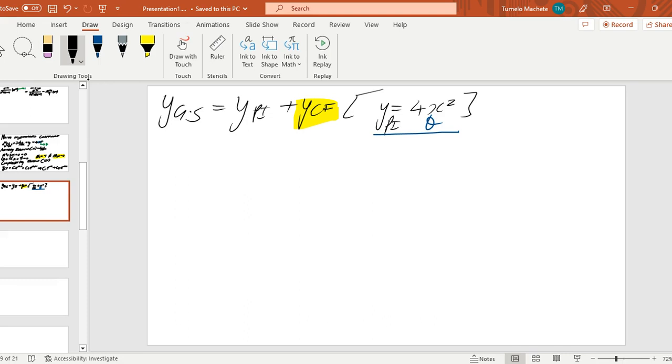If your Q is a quadratic like ax squared plus bx plus c, let's say the value is 4x squared plus 3x plus 2, for example.